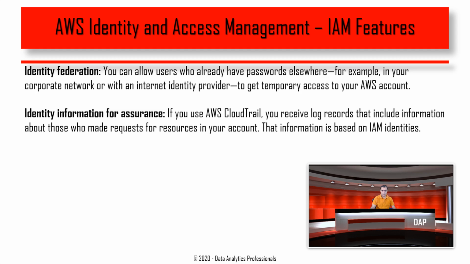Now let's talk about identity information for assurance. Here, if you use AWS CloudTrail, you receive log records that include information about those who made requests for resources in your account. That information is based on IAM identities.